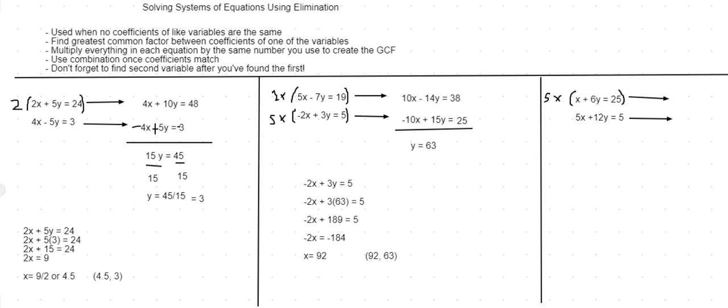All right? So then 5 times x makes 5x plus 6 times 5y is 30y. And 25 times 5 is 125. Okay, and then beneath this, we just keep the same equation.